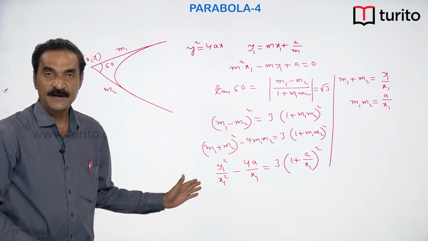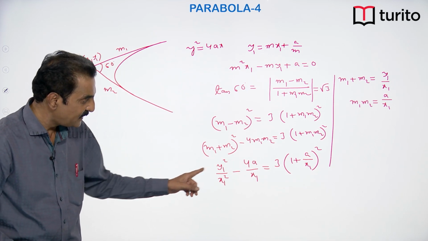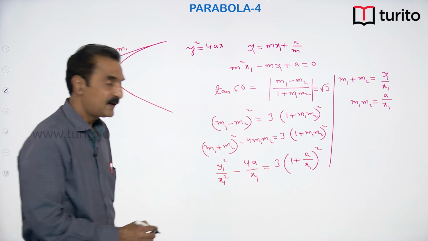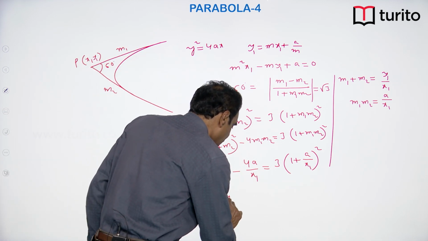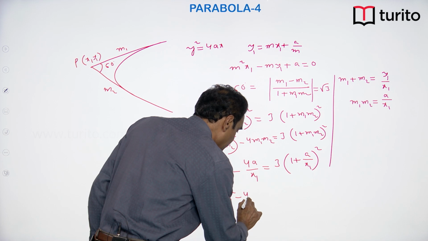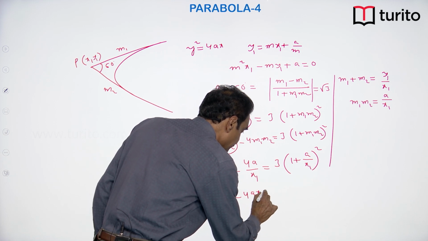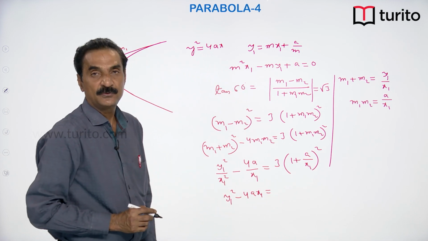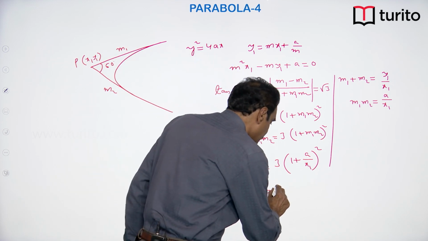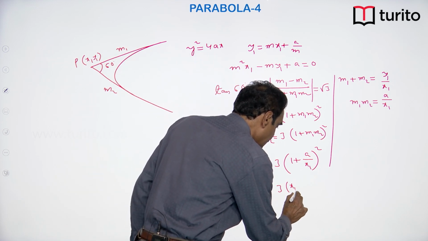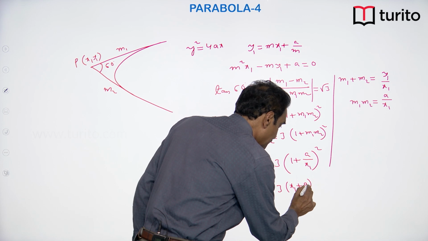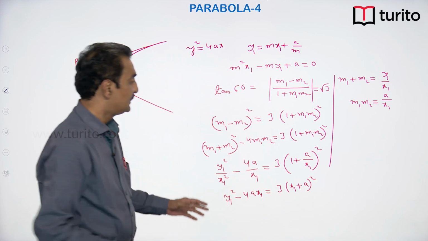Now simplifying it, multiply both sides by x1 square, we will get y1 square minus 4ax1 is equal to 3 into x1 plus a whole square.